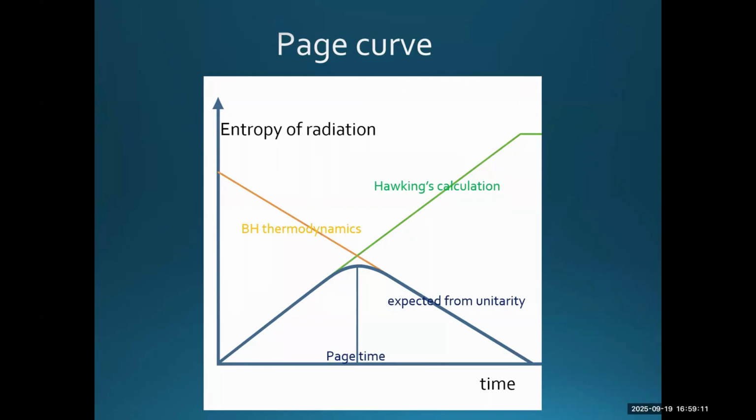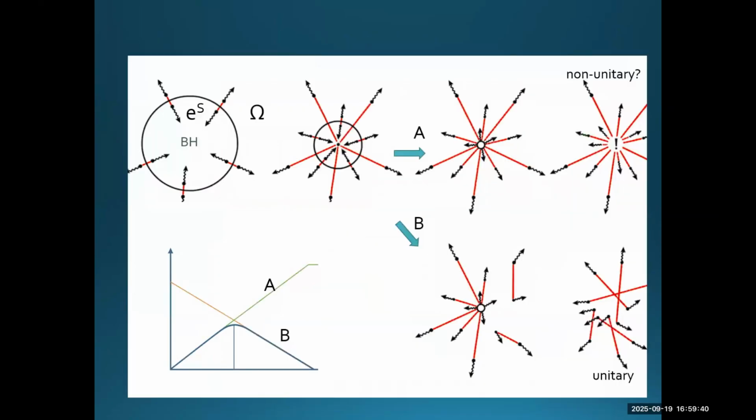There is some contradiction here, even in macroscopic black holes. This turning point is called the Page time. To save unitarity, the radiation entropy should satisfy this curve, the Page curve. Many argue that if you can find the Page curve, you can solve the paradox.